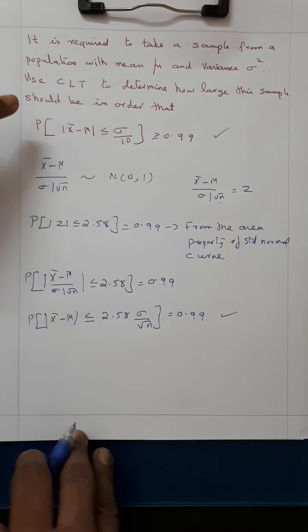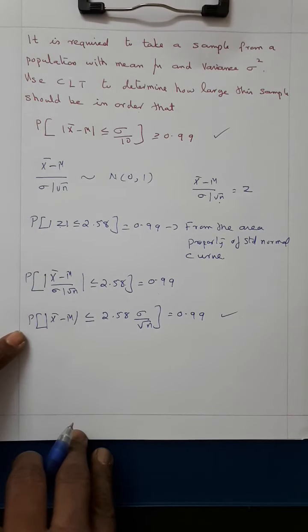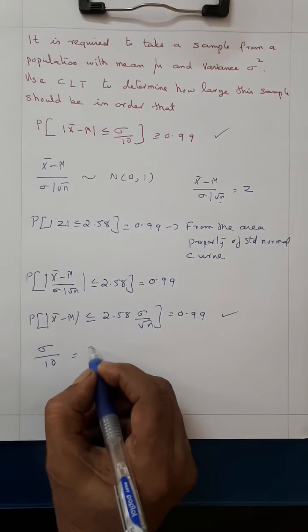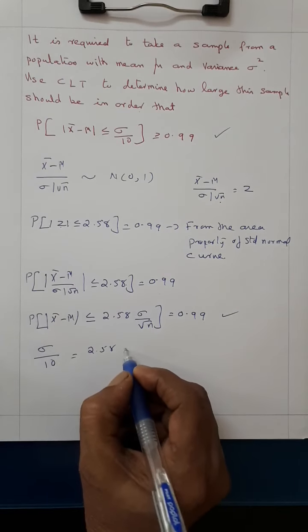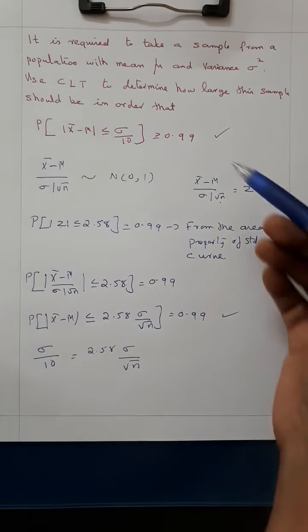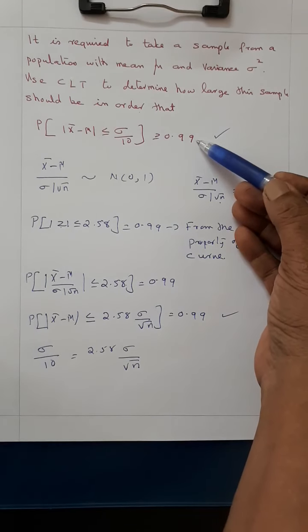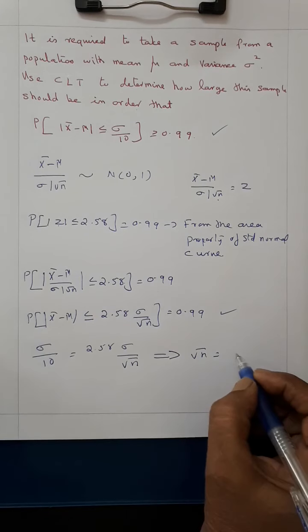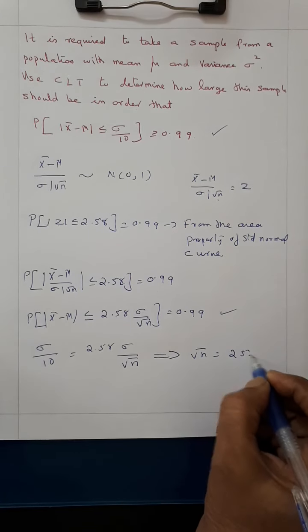Comparing the question statement as well as this statement, we can rewrite sigma by 10 is equal to 2.58 into sigma by root n for satisfying this condition, which gives root n equal to 25.8.